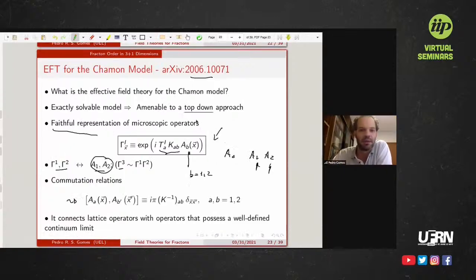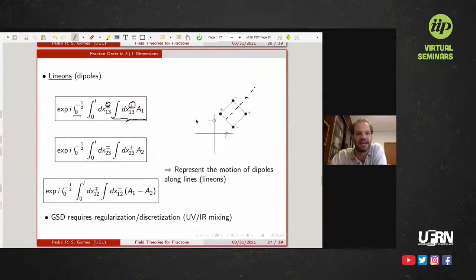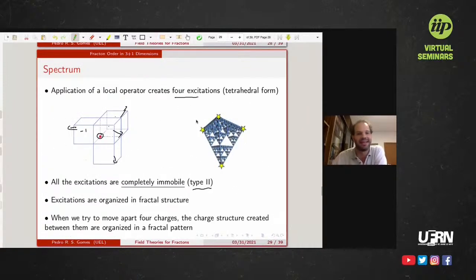But in the case of the Haah code, you see that this form, which is a tetrahedron, you cannot produce another kind of picture like this, leading to mobility. When you try to put these charges apart, what happens is that many charges are created inside here, and these charges form this fractal structure.